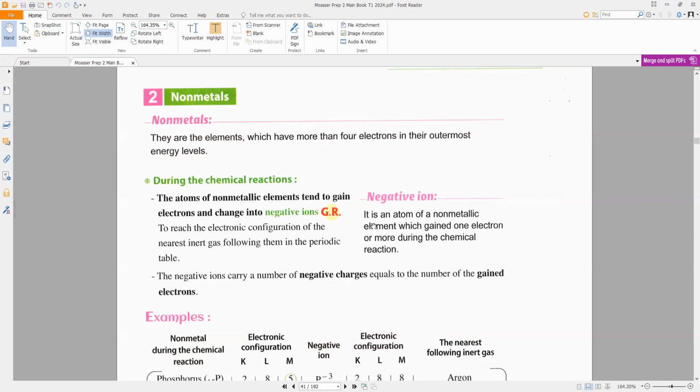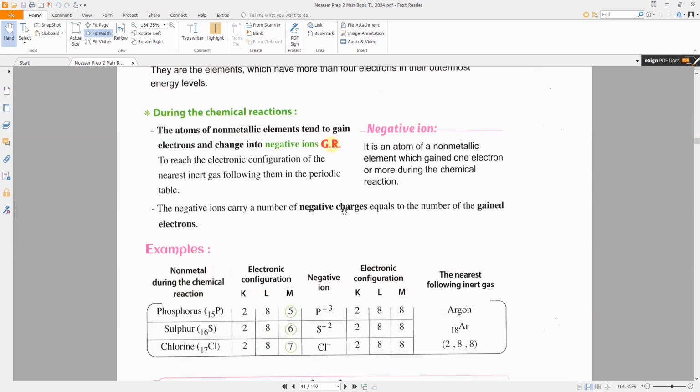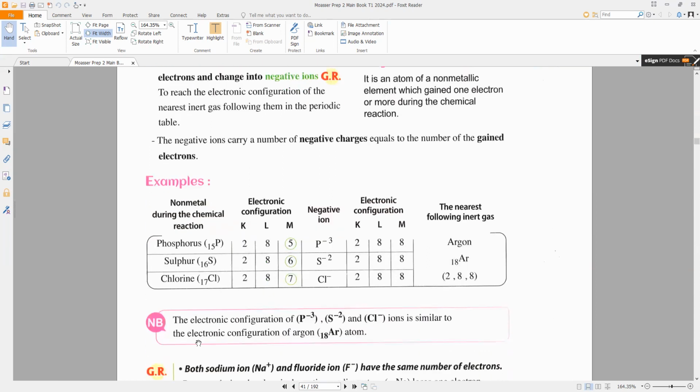Because it gained electrons. The negative ion is an atom of a non-metallic element which gains one or more electrons in the chemical reaction, and carries a negative charge equal to the number of gained electrons, like phosphorus, sulfur, and fluorine.